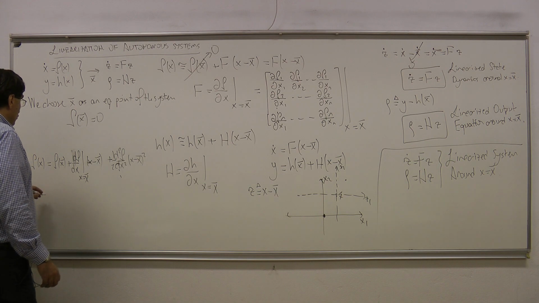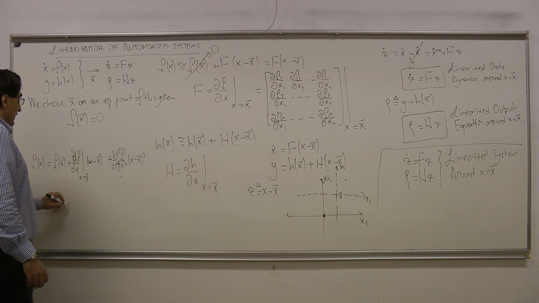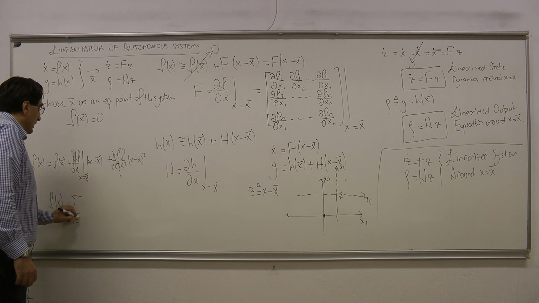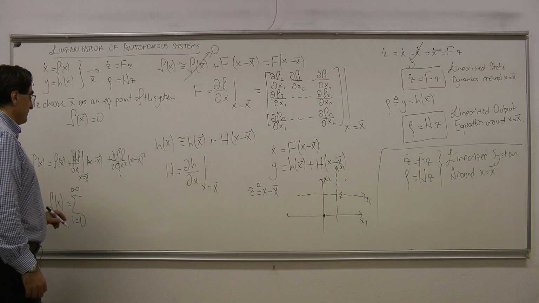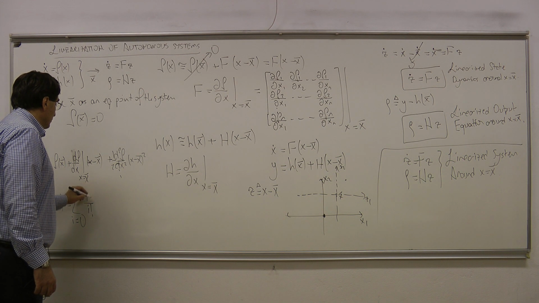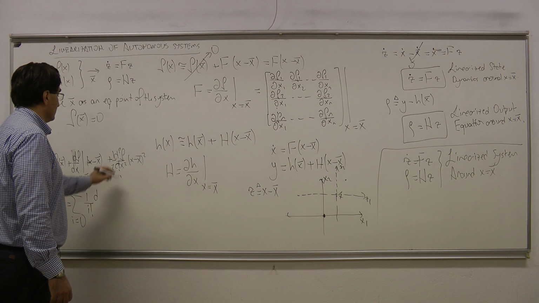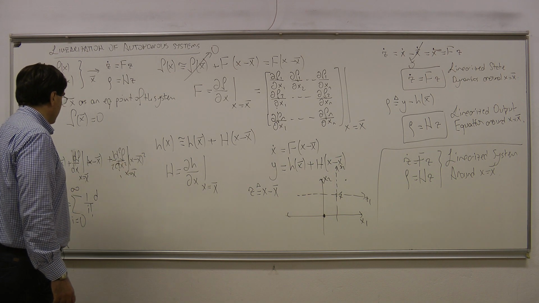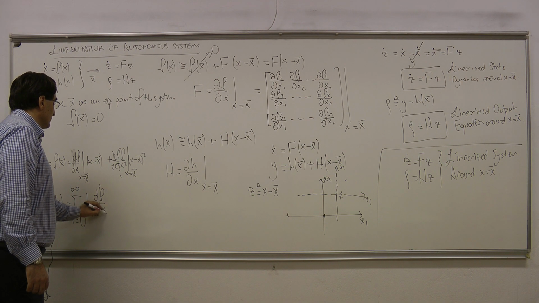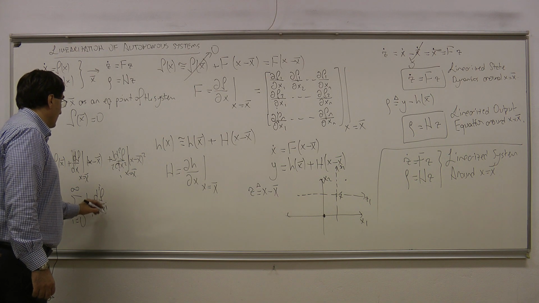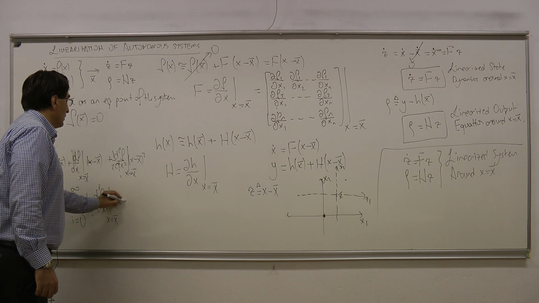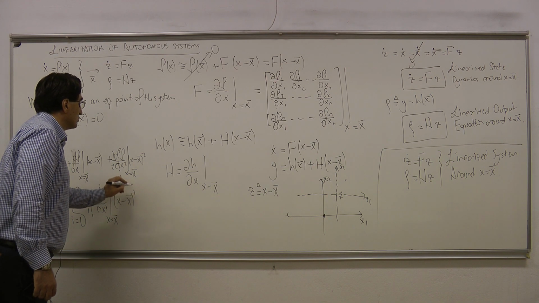So if I write the general formula for the Taylor series expansion with equality, I would have the following formula. I from 0 to infinity, I would have 1 over I factorial, and I would have the ith order derivative of the function f, d^i f over dx^i, evaluated at x equals x bar, and I would have x minus x bar to the power I.